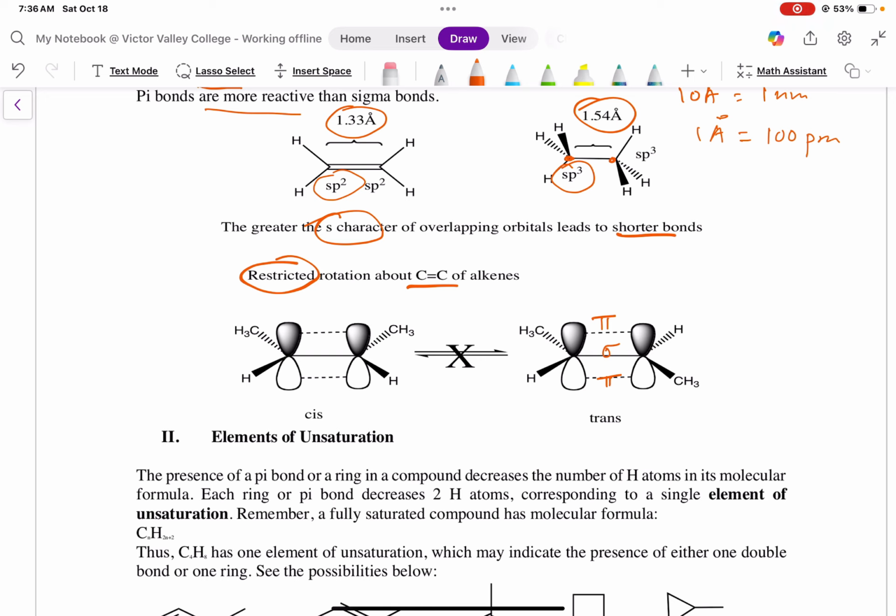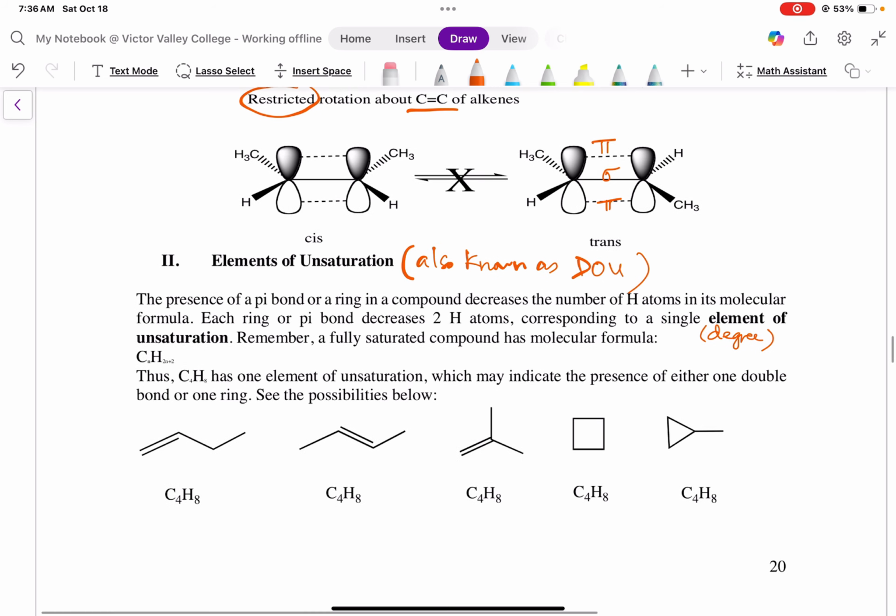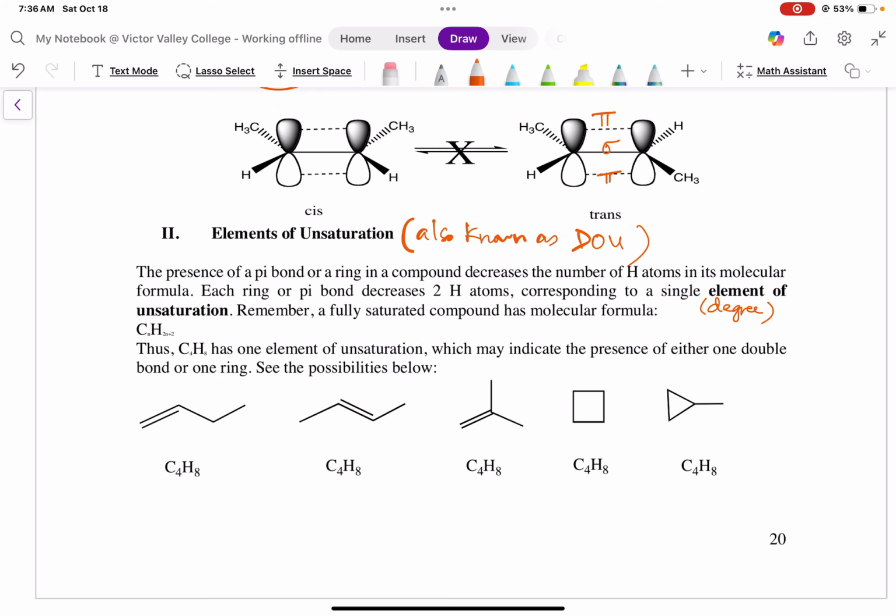Okay, now let's talk about elements of unsaturation, also known as degree of unsaturation. You can call it EOU or DOU. One degree of unsaturation is a ring or a pi bond, meaning there's a decrease of two hydrogen atoms.